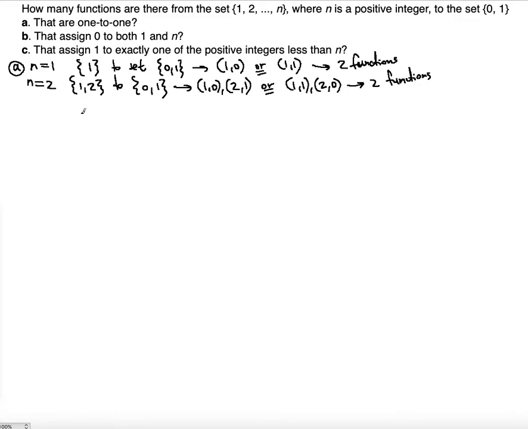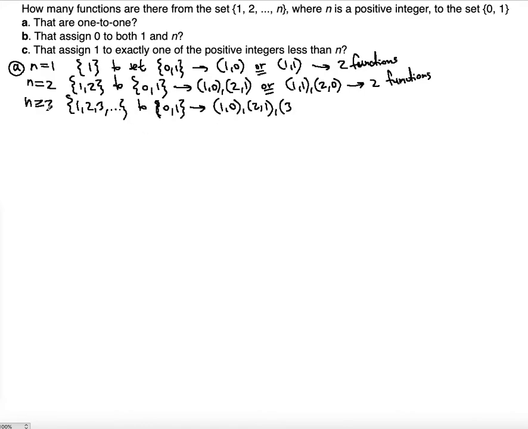Now let's take n greater than or equal to 3. Now this is a problem, because if you have, for example, 1, 2, 3, etc., and you're going to try to map it to 0 and 1, the given set here, suppose that you assign (1, 0), and then you assign (2, 1).